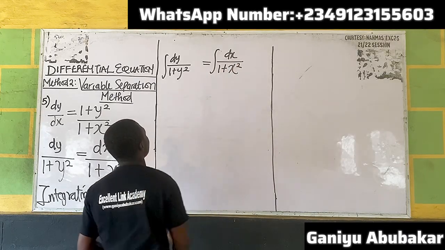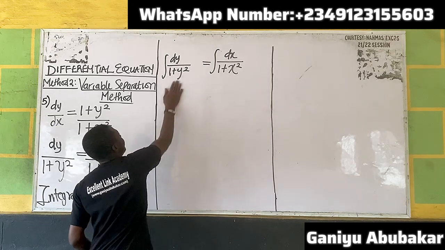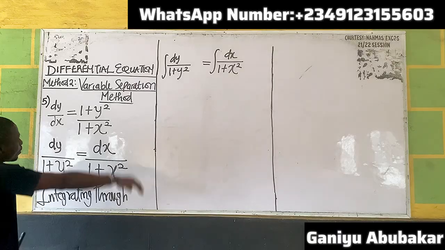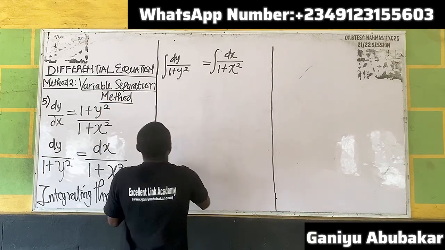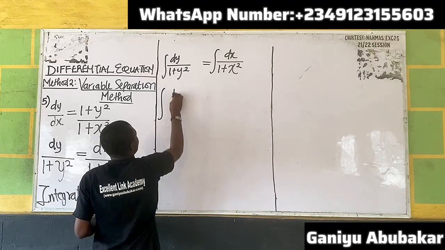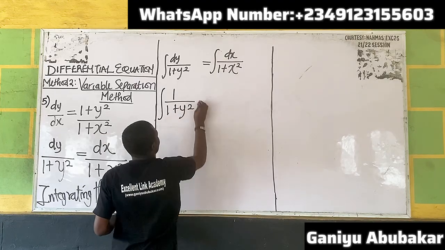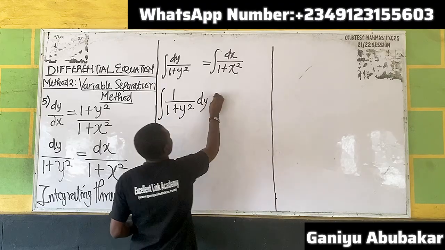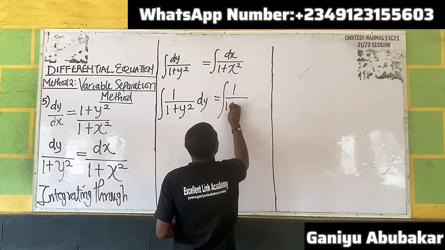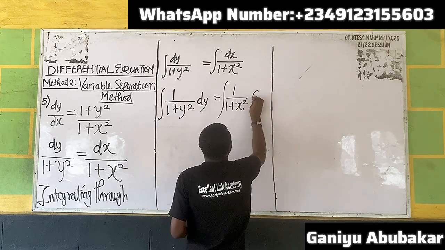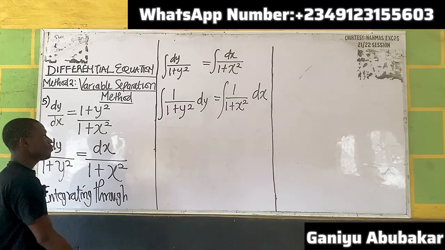All right, so we are here. Next task, always shift out the y and shift out the x. That gives you the integral of 1 over 1 plus y squared dy equals the integral of 1 over 1 plus x squared dx.